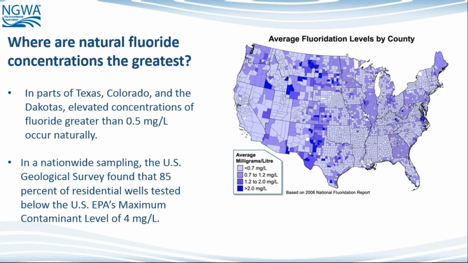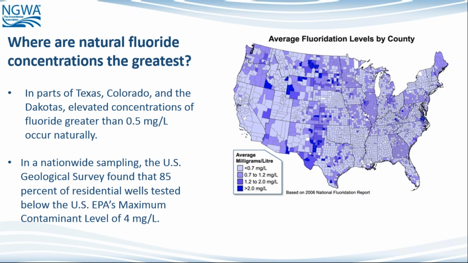They're naturally occurring in our aquifers throughout those areas. In this national sampling, the U.S. Geological Survey found that about 85% of the residential wells tested in the United States were well below the U.S. EPA maximum contaminant level of 4 milligrams per liter, or parts per million.